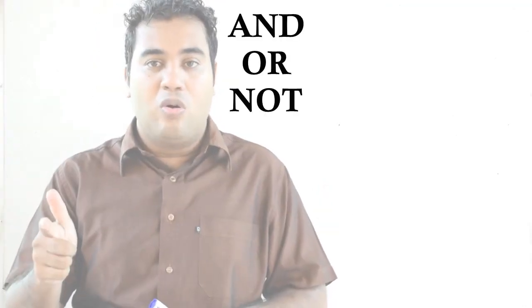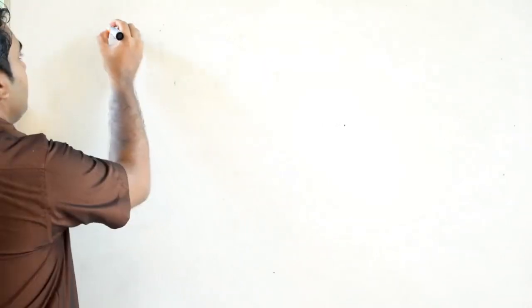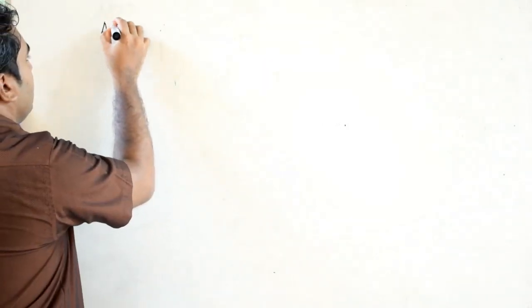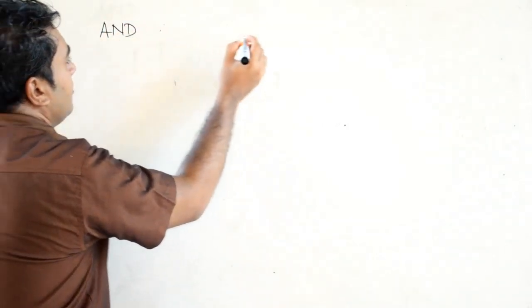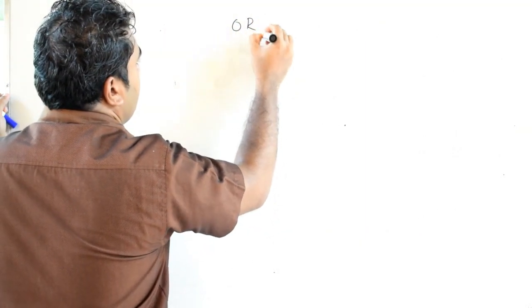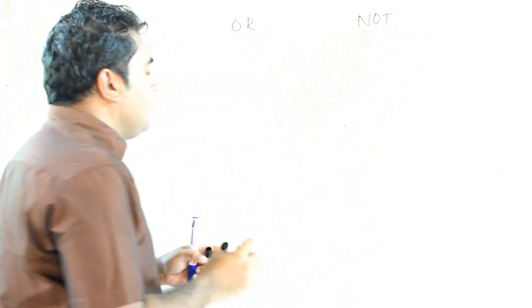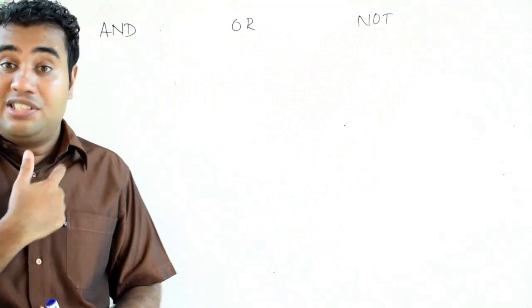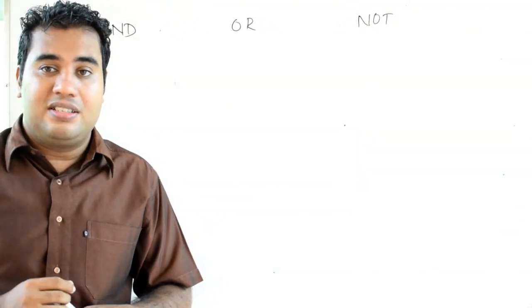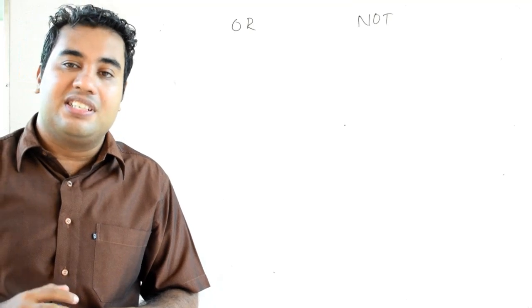We call them AND, OR, NOT. Those are the names of the three basic logic gates. So these three are the basic logic gates that we use in our logic circuits.